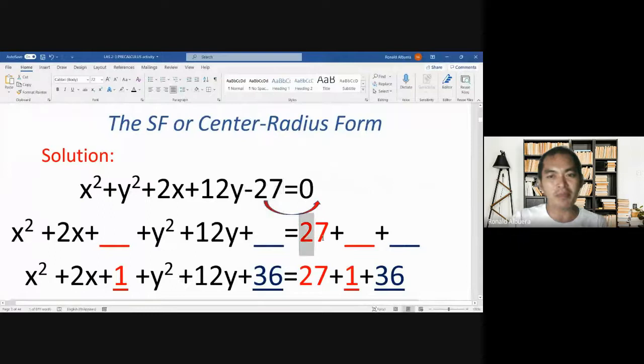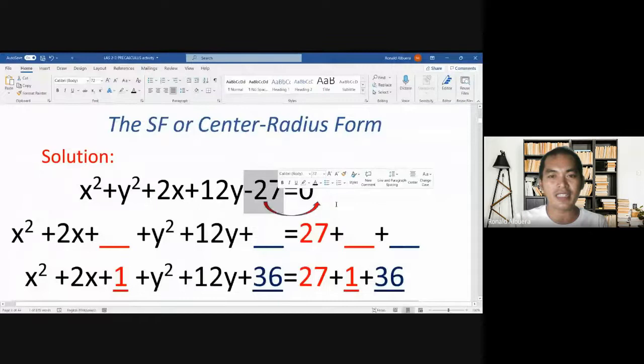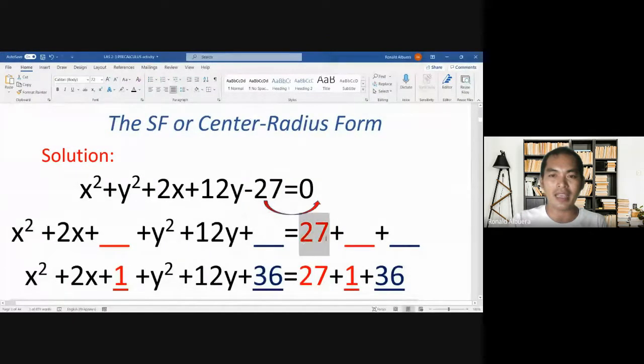It became positive. Why do we change it? Because you are applying the addition property of equality to both sides of the equation. So you add positive 27 here, and you add positive 27 also to the other side. In shortcut, transposing negative 27 to the other side makes it positive.